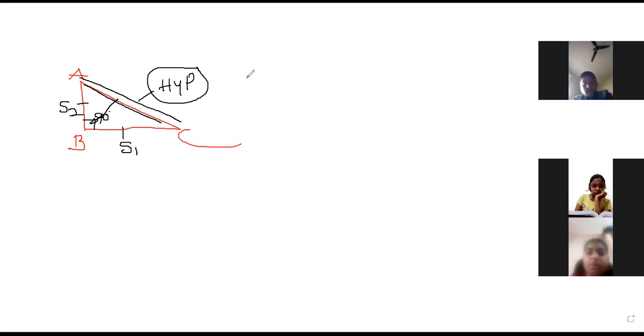The Pythagoras law says that this hypotenuse side, AC, is the biggest side in the right angle triangle. That's why it is called hypotenuse. If I write AC, what is the meaning of AC?